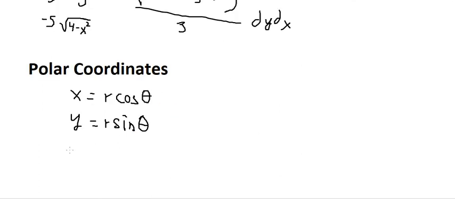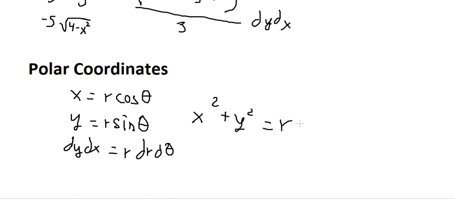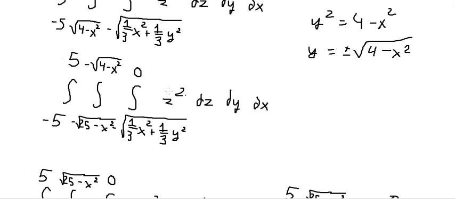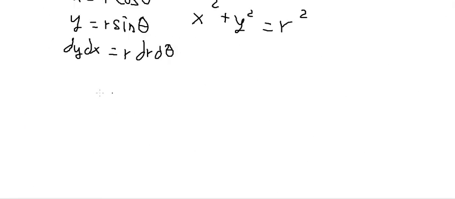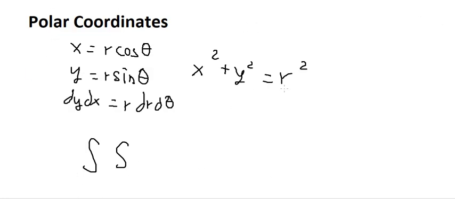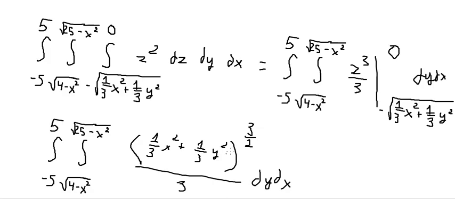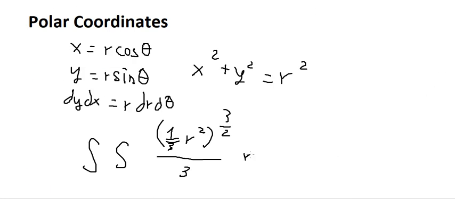About dy dx, we change it for r dr d theta, and x squared plus y squared equals r squared. So we can combine two integrals in here. We change x squared plus y squared for r squared, so we have 1 over 3 r squared to the power of 3 over 2 over 3, and dy dx we change for r dr d theta.